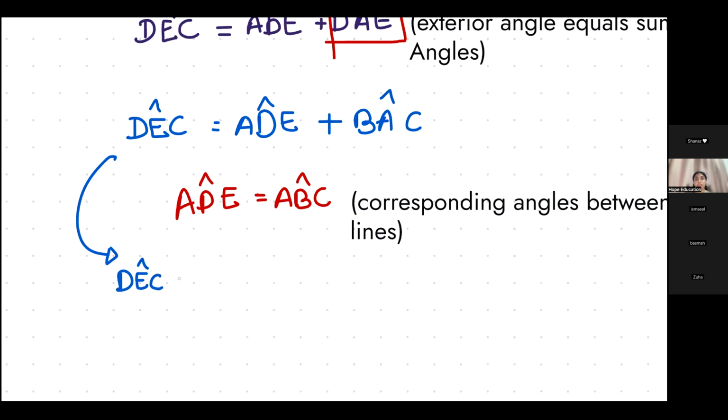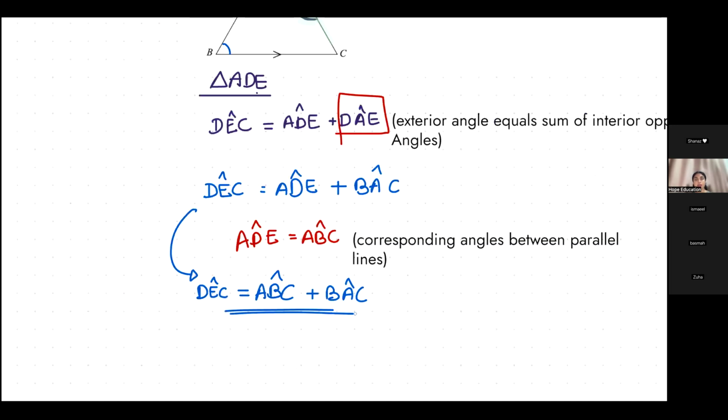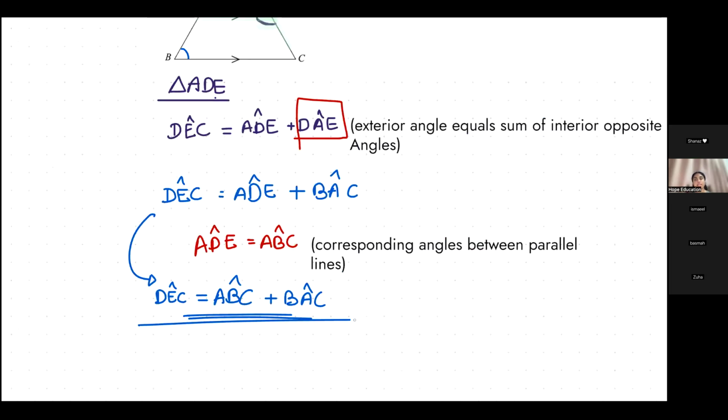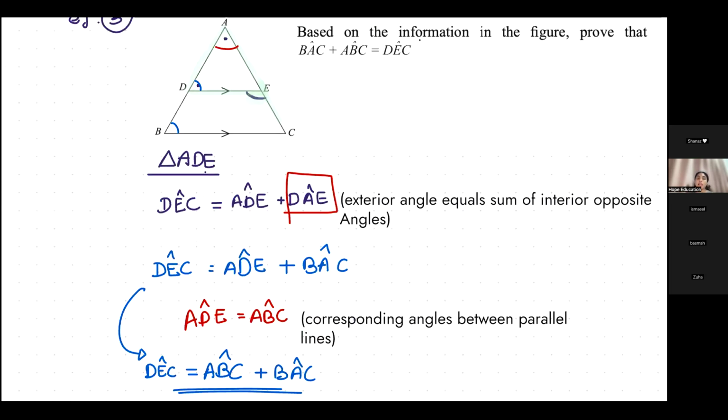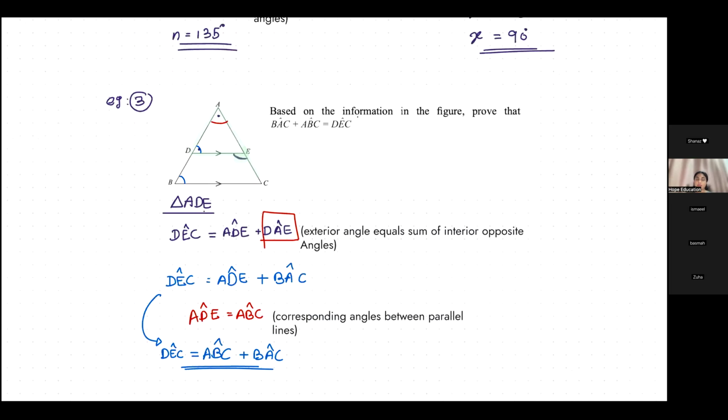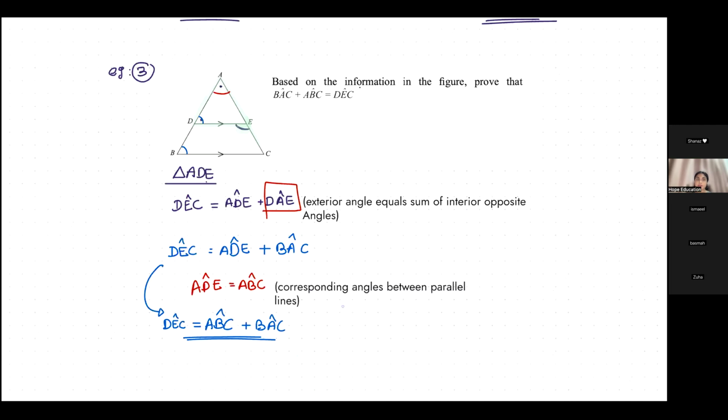Here, instead of ADE, I can write ABC because they're equal. ABC plus BAC. And you can see that that is exactly what they are asking us to show, no? It's the same thing. Did you all understand how to get the answer here? Others?